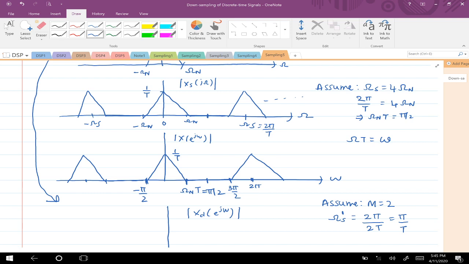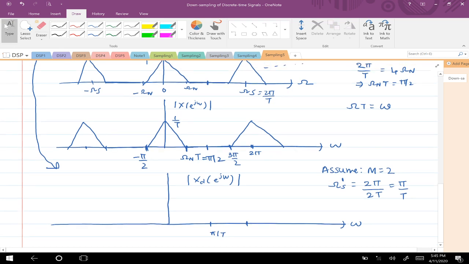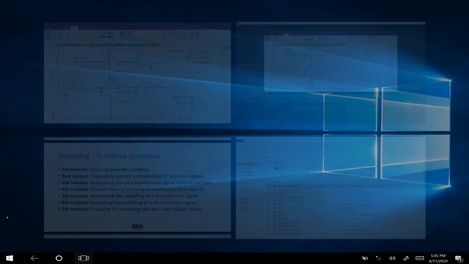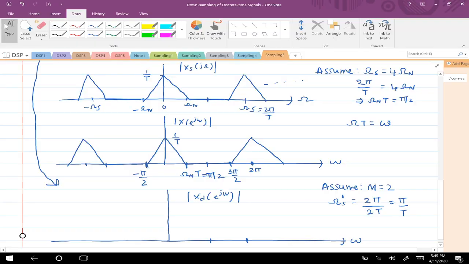So you have copies now. Instead of 2 pi by T, this is for example 2 pi by T, so somewhere here pi by T. I am going to keep a copy at pi by T itself now, right? And omega_n would remain the same.